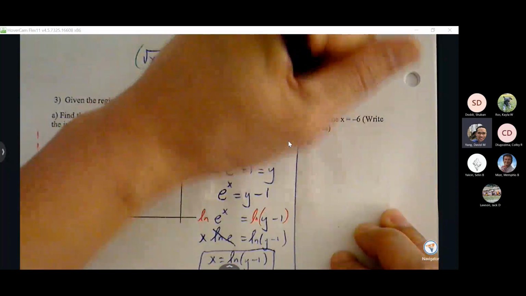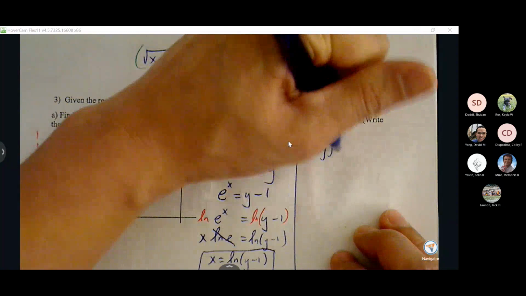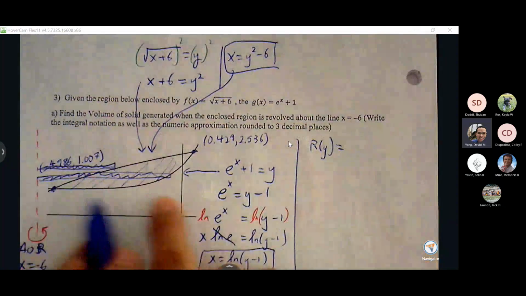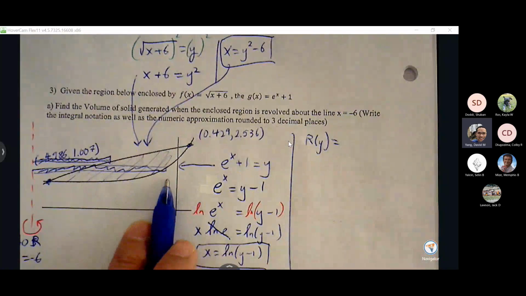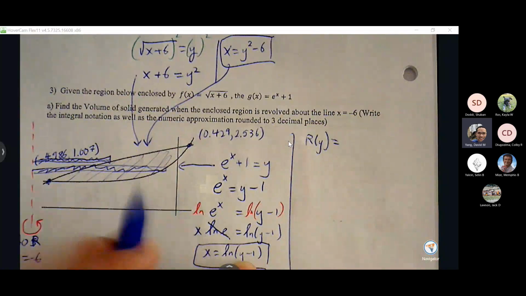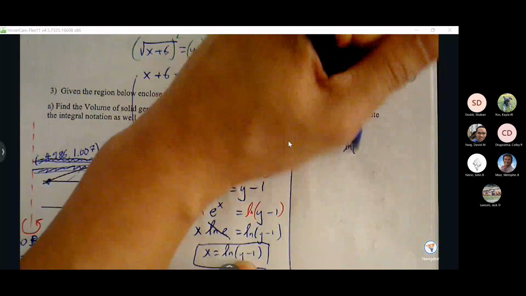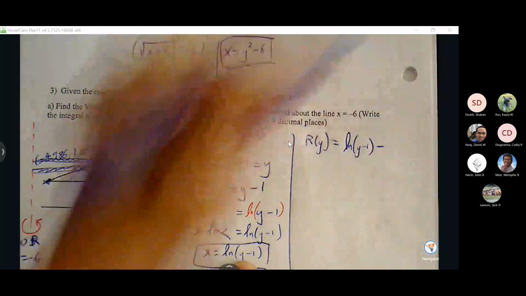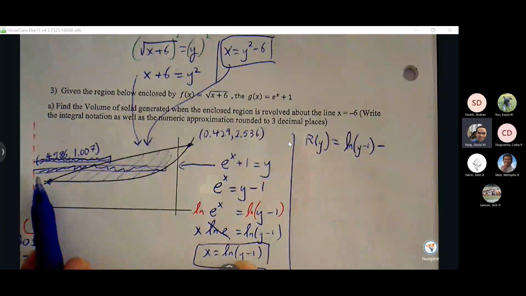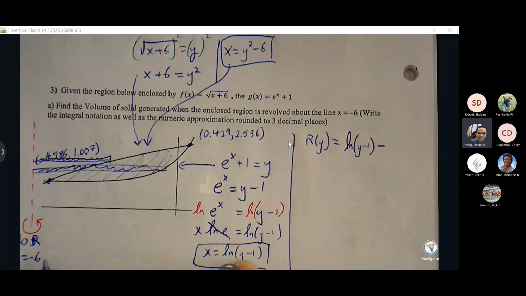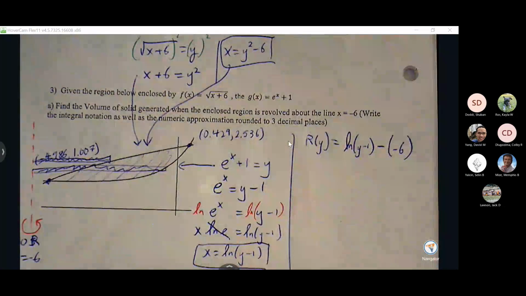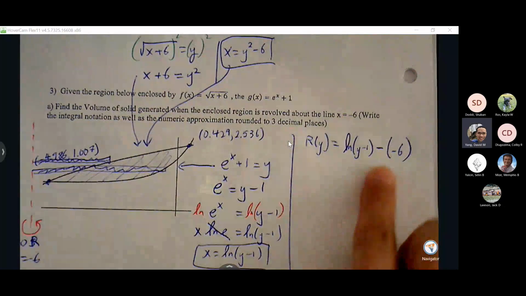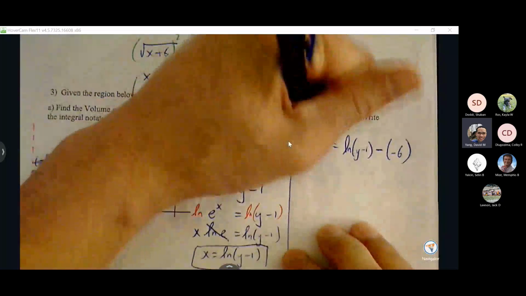So big R. The right endpoint of my big radius is sitting on the natural log graph, so I can identify that first: natural log of y minus 1, minus the left endpoint of my big radius, which is sitting at -6, so minus a -6, which becomes a +6.